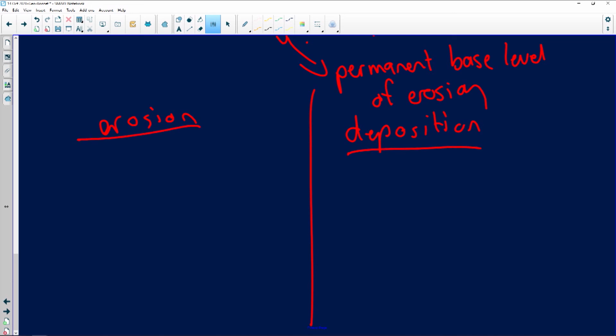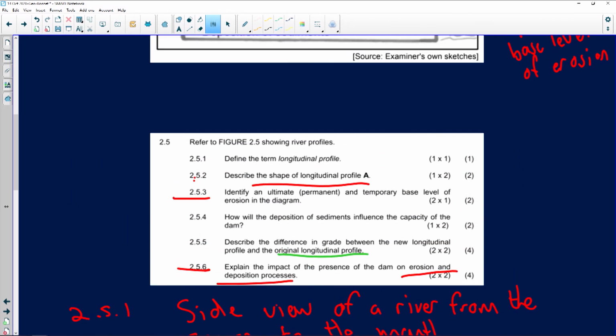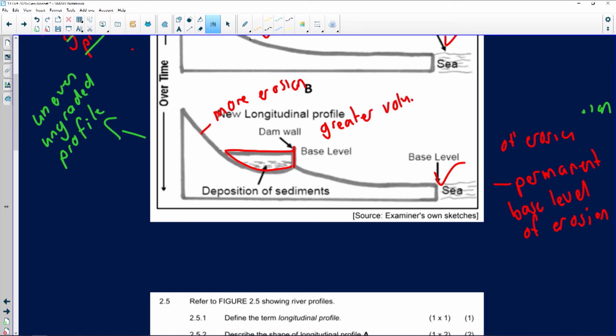Now, first of all, going back to my diagram, the impact of the dam on erosion. Erosion is the transporting of broken down material. Now, first of all, there's going to be more erosion upstream. Okay. The simple reason why, because there's a greater volume of water. I'm just going to write the answers on here.